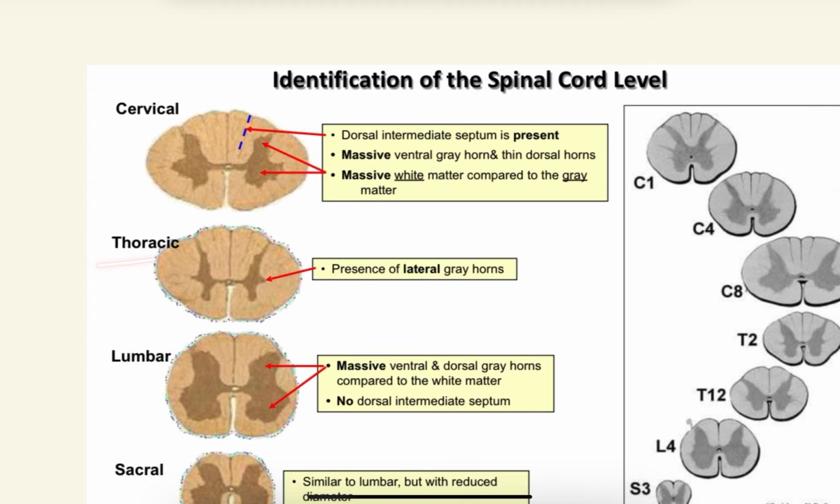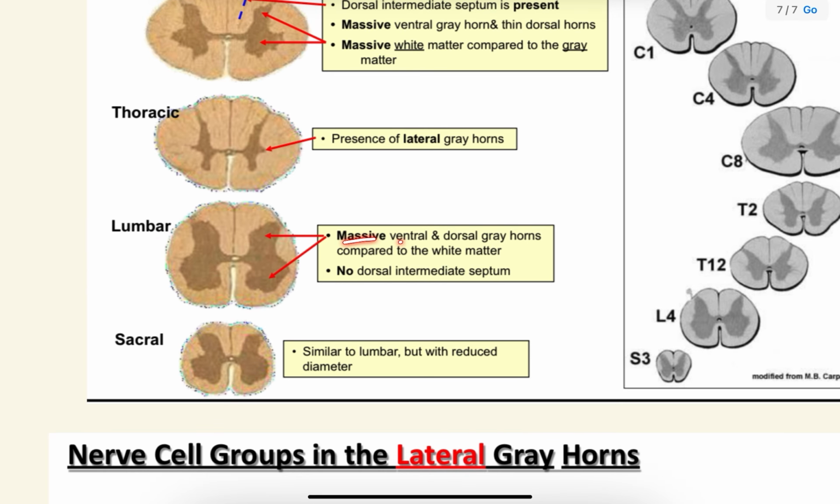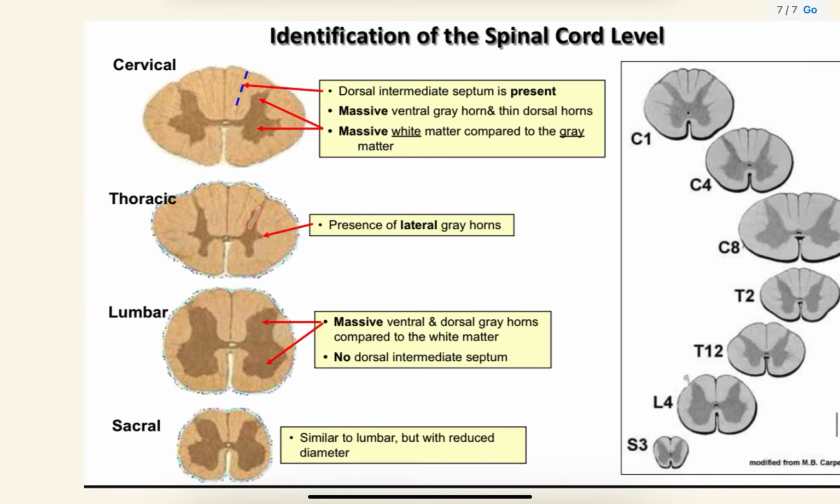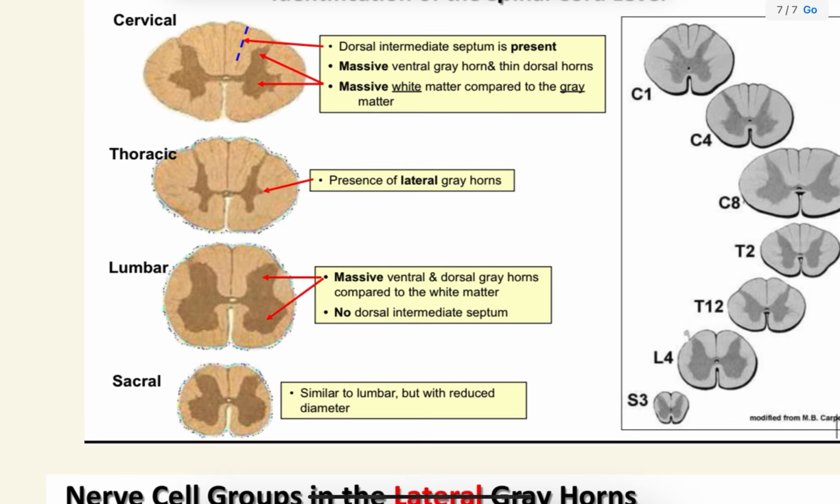The thoracic, on the other hand, we have this lateral gray horn. The lumbar, we have massive ventral and dorsal gray horn compared to the white matter. So the gray matter is way bigger than the white matter. And we don't have this septum that we had in the cervical. The sacral, on the other hand, it's similar to the lumbar, but it's smaller in diameter.